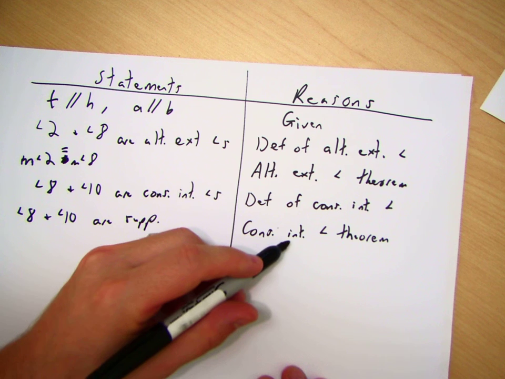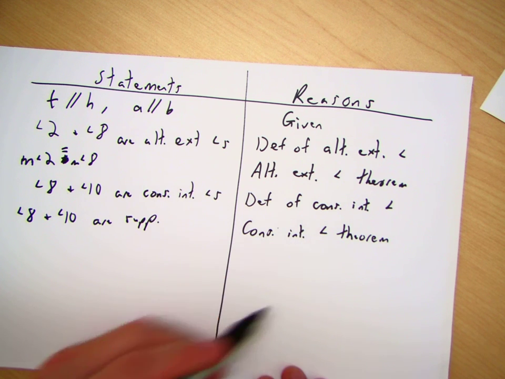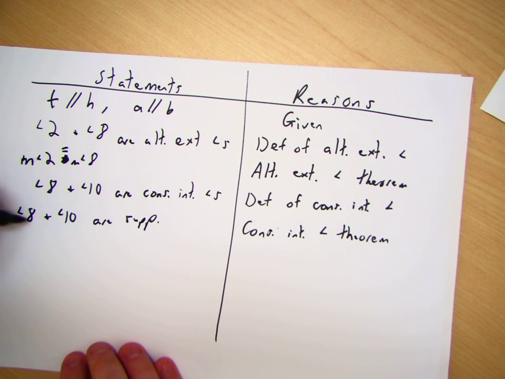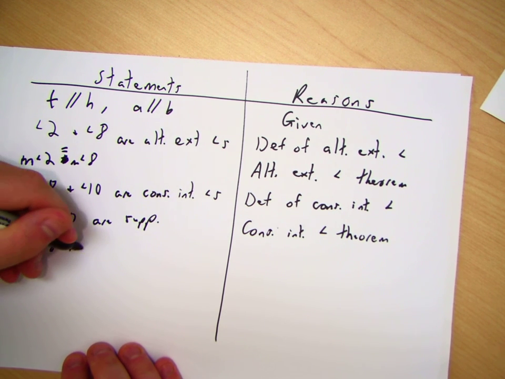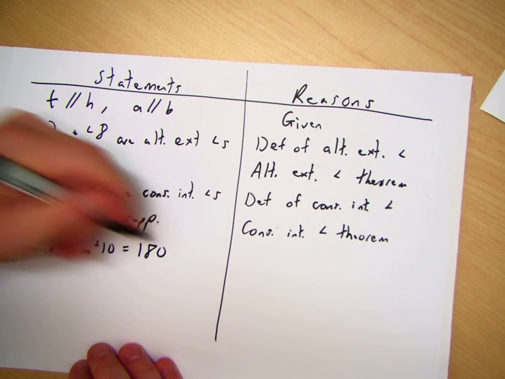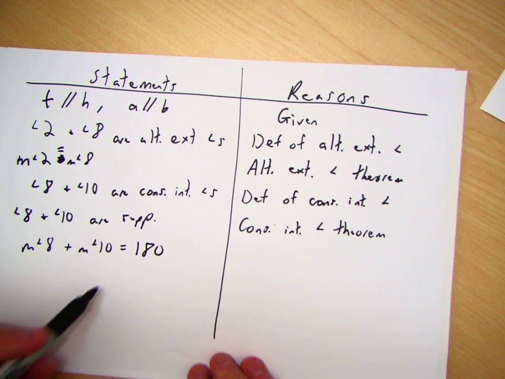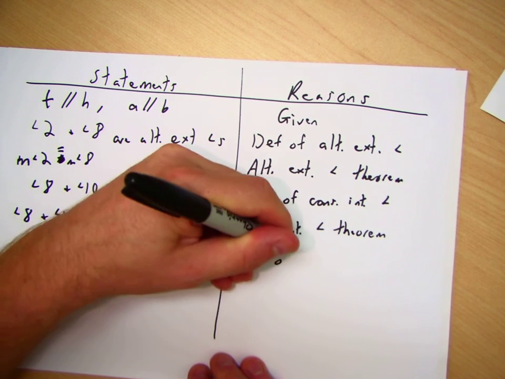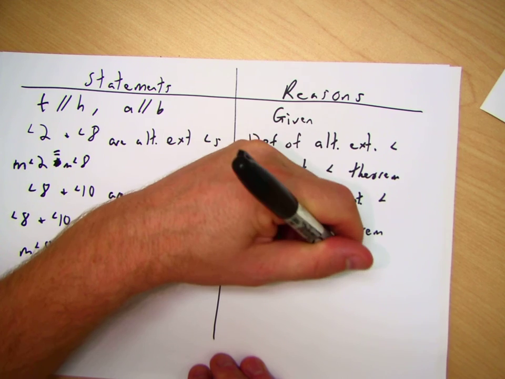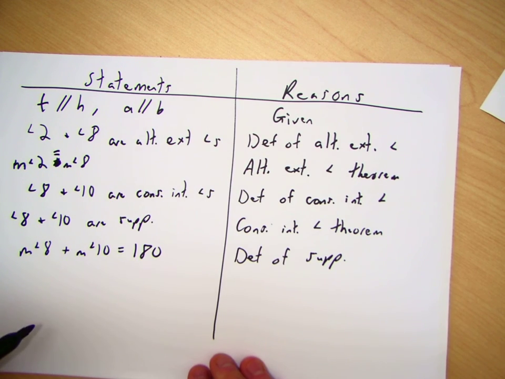Now that they're supplementary, I can show that they add up to 180. That's what I'm going to write here, that the measurement of angle 8 plus the measurement of angle 10 equals 180. And again, that's just the definition of supplementary.